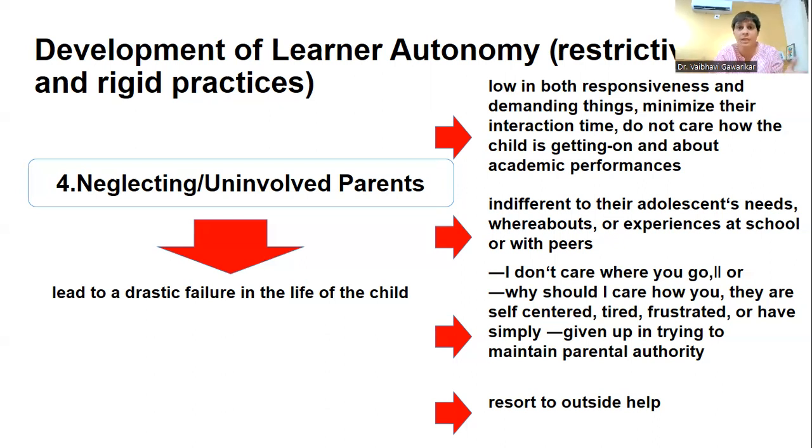But when you see that the child is not at all listening to you, and whatever efforts you make are going futile, then the parent will say, I don't care now, whatever you want to do, you go ahead and do it. So the third reason might be that he has given up on maintaining that parental authority, because the child is not listening, or due to some other reason, right?